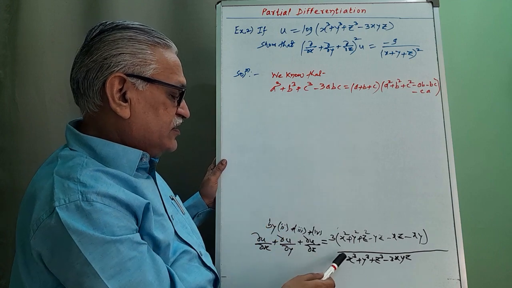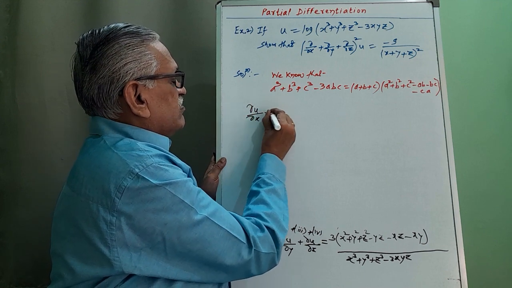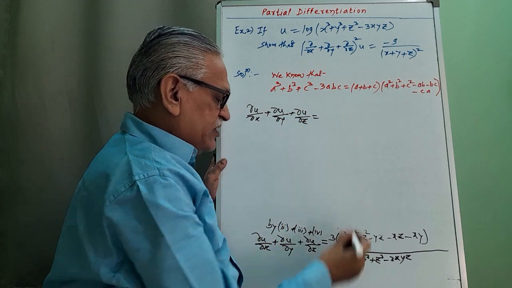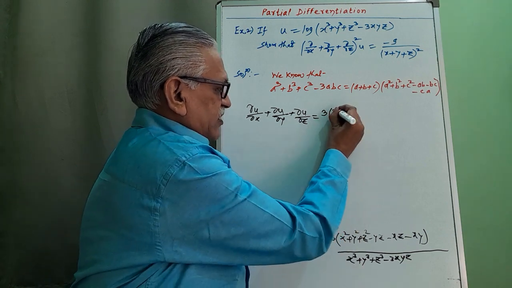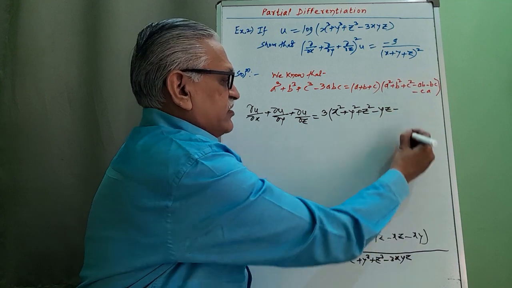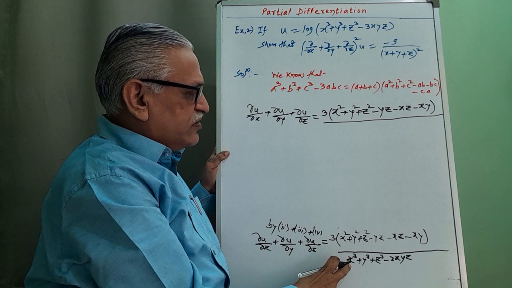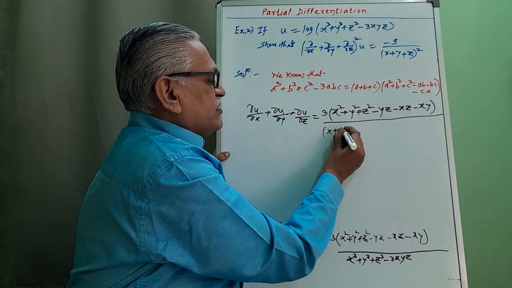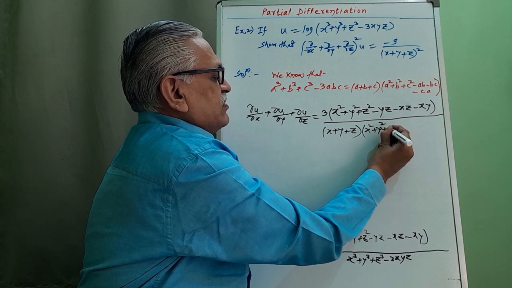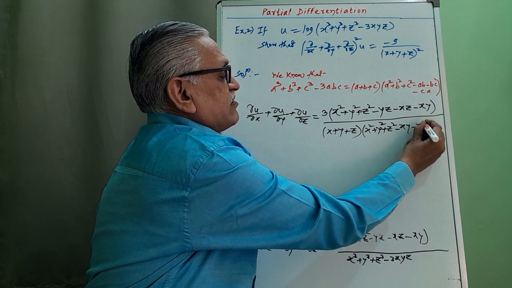Applying this result, we can rewrite ∂u/∂x plus ∂u/∂y plus ∂u/∂z, keeping the numerator as it is, that is 3 times (x squared plus y squared plus z squared minus yz minus xz minus xy), whole divided by, simplifying using this result, a plus b plus c meaning x plus y plus z, multiplied by x squared plus y squared plus z squared minus xy minus yz minus xz.